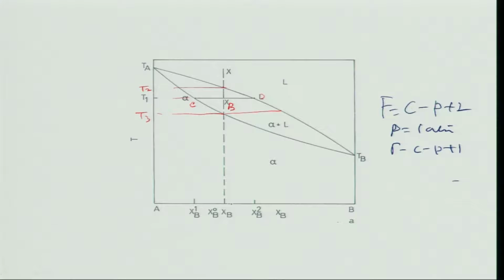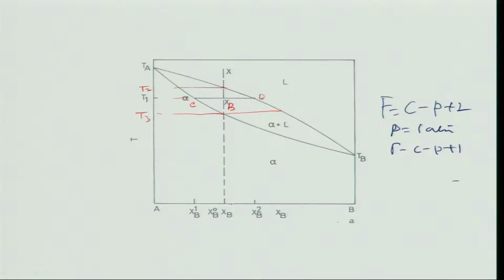Now the lever rule says very simply that the volume fraction or volume percentage of alpha will be given by XD divided by the total lever CD. We can always use CD as a lever and X as the fulcrum of the lever.